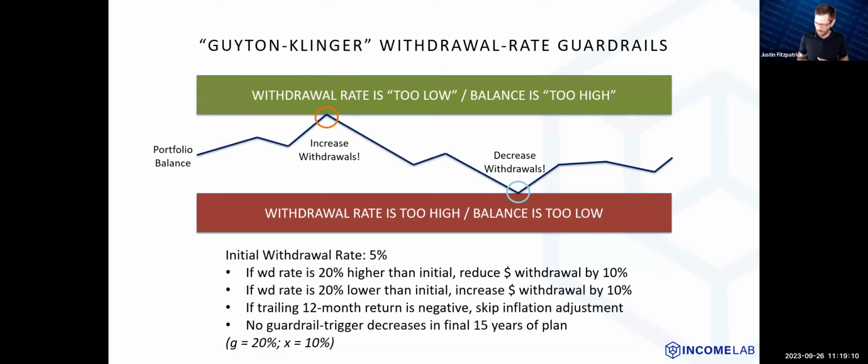In order to stress test withdrawal rate guardrails, we have to choose a specific version of withdrawal rate guardrails. And the most adopted approach to this is probably the Guyton-Klinger withdrawal rate guardrails. Again, these were proposed as part of a research project around adjustments and guardrails in retirement.